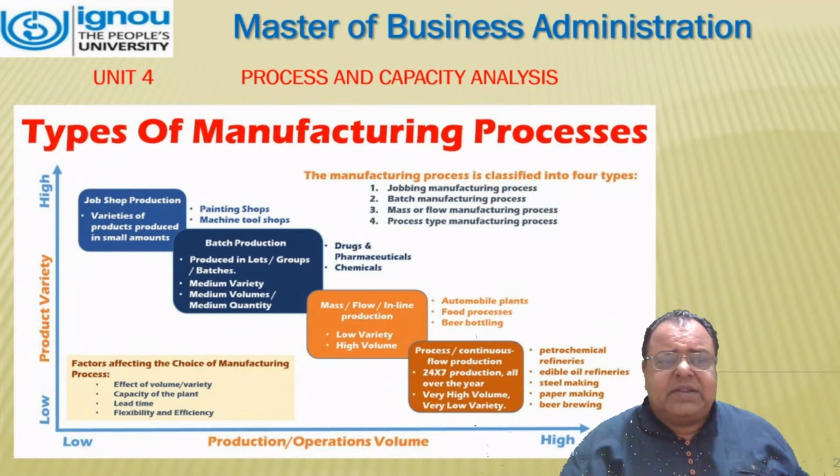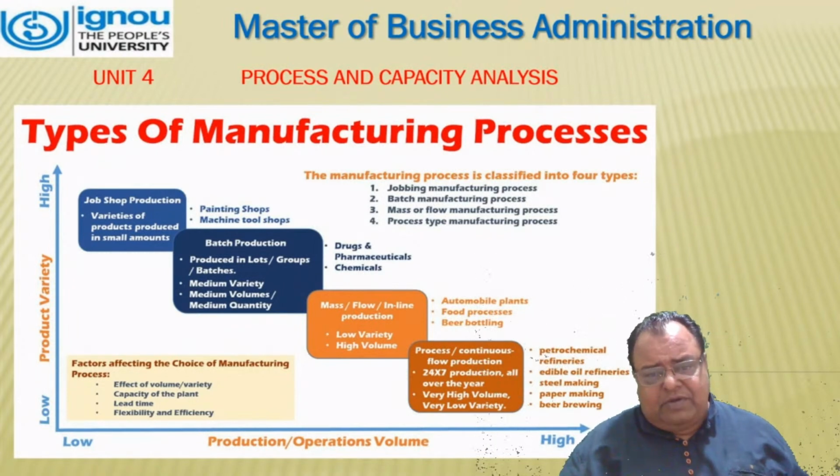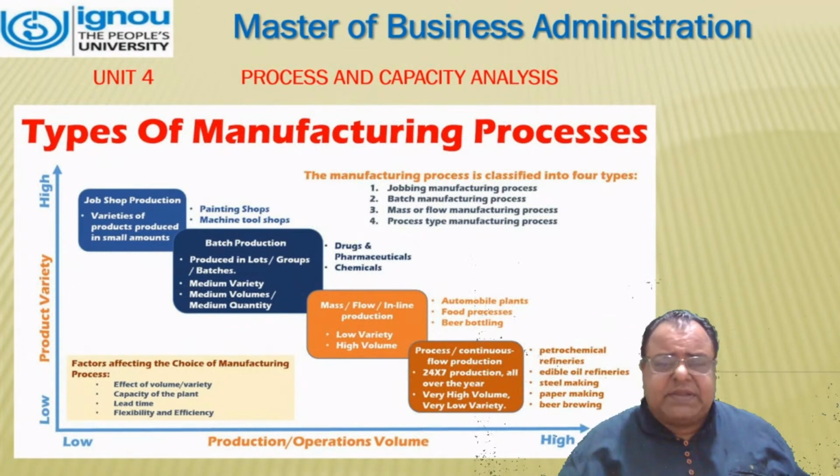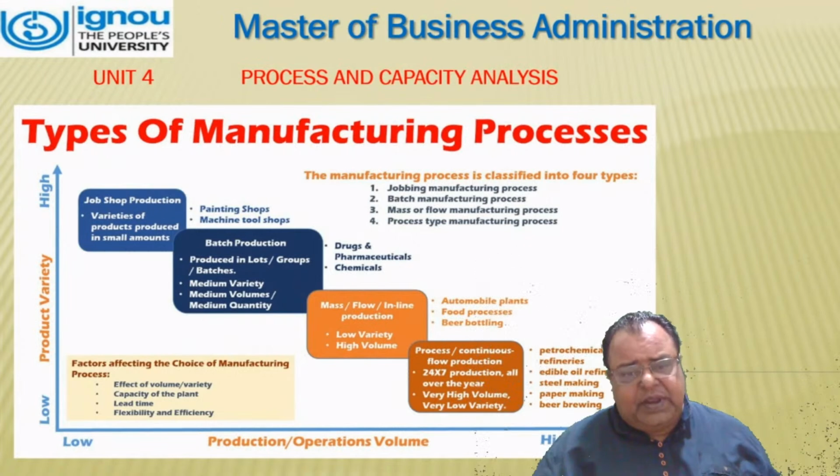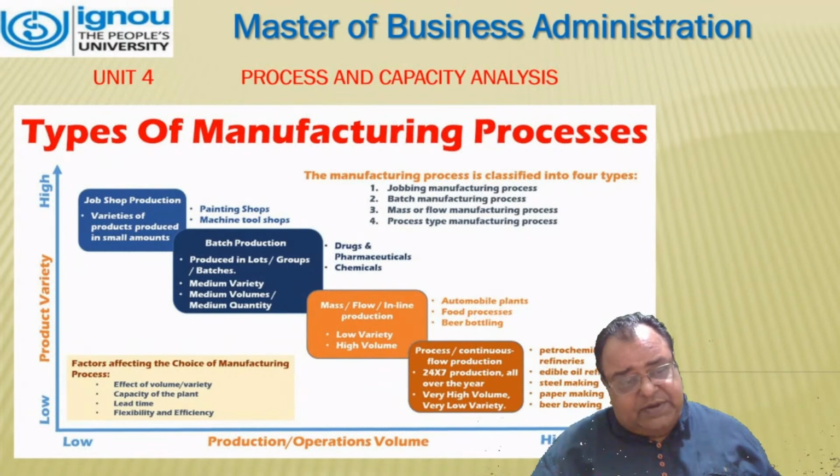To understand the different types of manufacturing processes, they are basically classified into four types. That is job manufacturing process, batch manufacturing process, mass or flow manufacturing process, and process type manufacturing process.